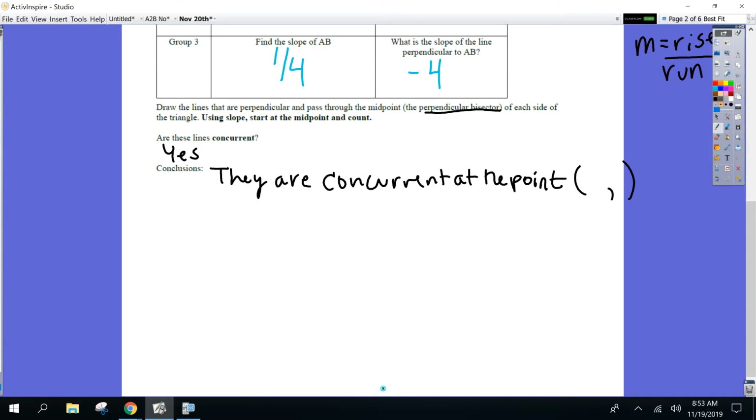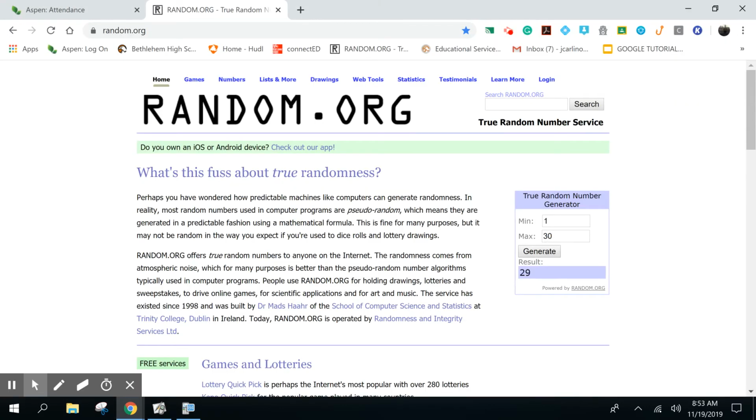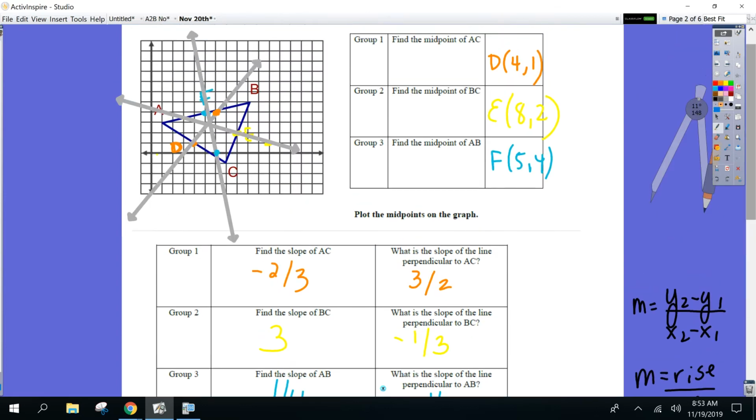So go back, count your X and your Ys. 5, 3. If some of you thought it was 4, 3, you're making a rookie mistake and not starting at the origin. If you said 4, 3, you're probably starting from point A, maybe, I don't know. All right, but make sure you start at the origin. Okay?